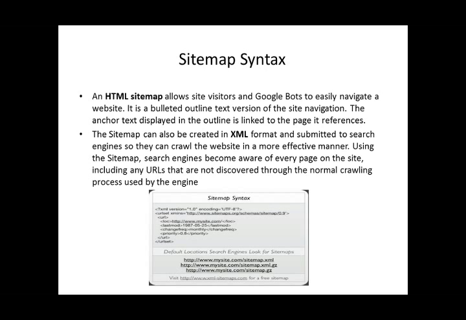In this case, the change frequency is monthly, and the priority depends from URL to URL. Ideally, the priority of the home page of any site should be 1, and it decreases as it goes lower in the directory level structure. So this is ideally the sitemap syntax for XML format.